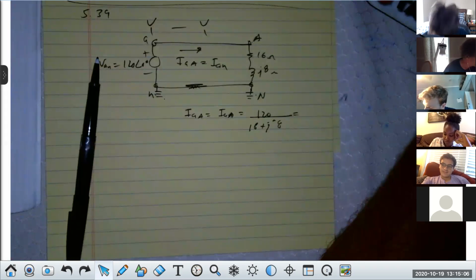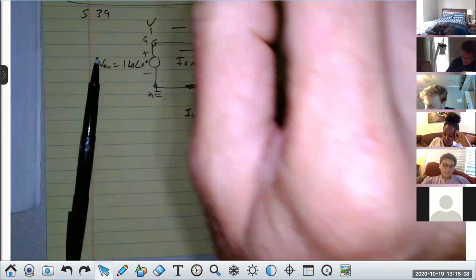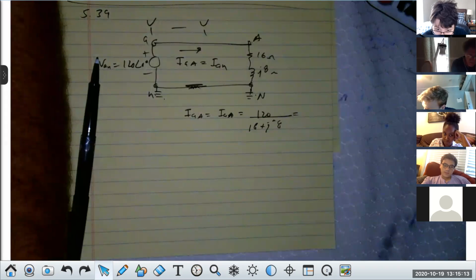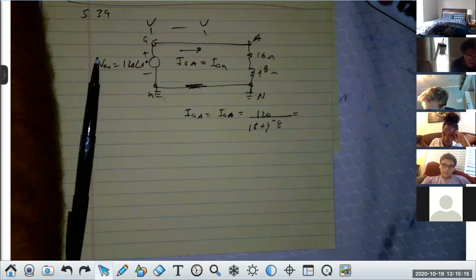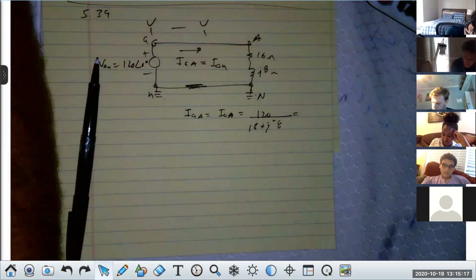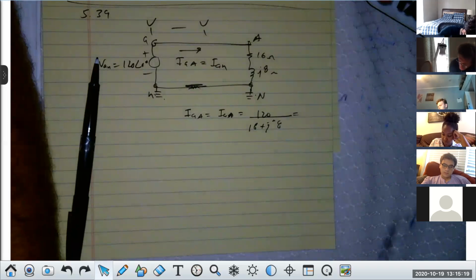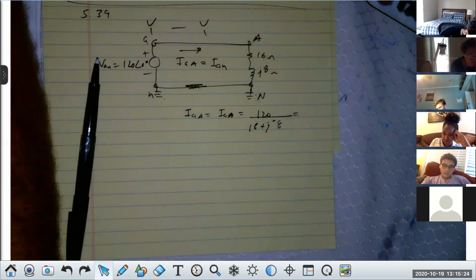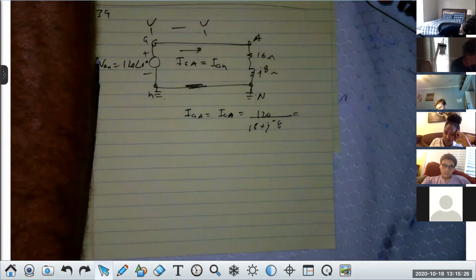I've got my Octave here. So I got I equal to 120 over 16 plus j8. You can do it on yours. You're probably faster than me, most of you at least.